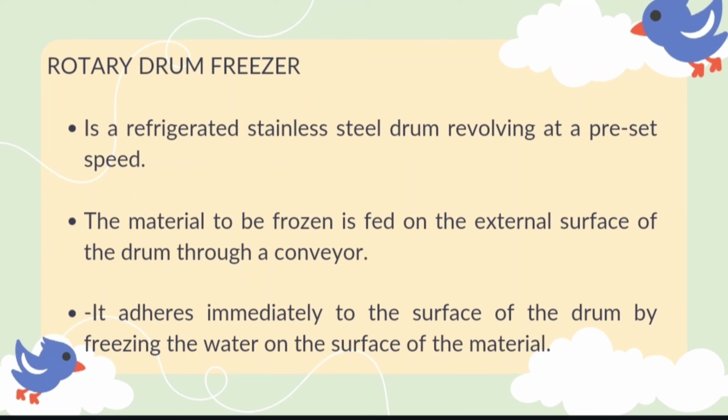Unpacked products like fish fillet, shrimp, etc. can be frozen. Rotary drum freezer is for fast, economic chilling and freezing of sliced, diced, and extruded food. The benefits are free-flowing product, hygienic and easy to clean, and easy to operate.